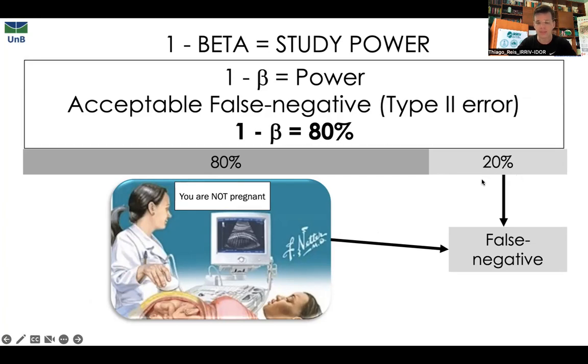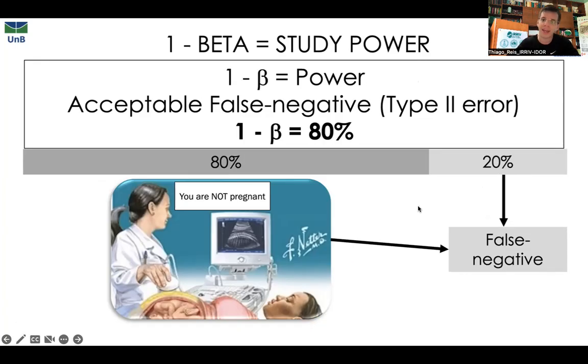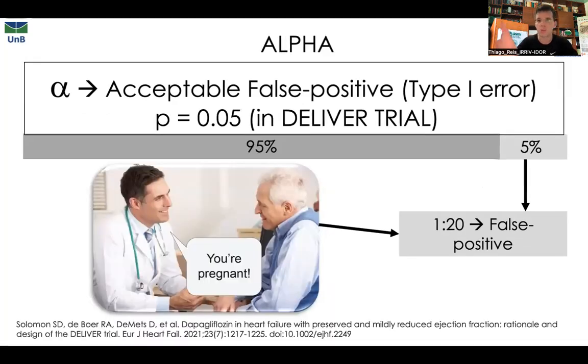Because it's better to accept something that will not change the clinical practice. So we have a 5% chance of wrongly changing the clinical practice and a 20% chance of having something that would improve the outcomes, but we didn't see it. I will explain that in next slides.